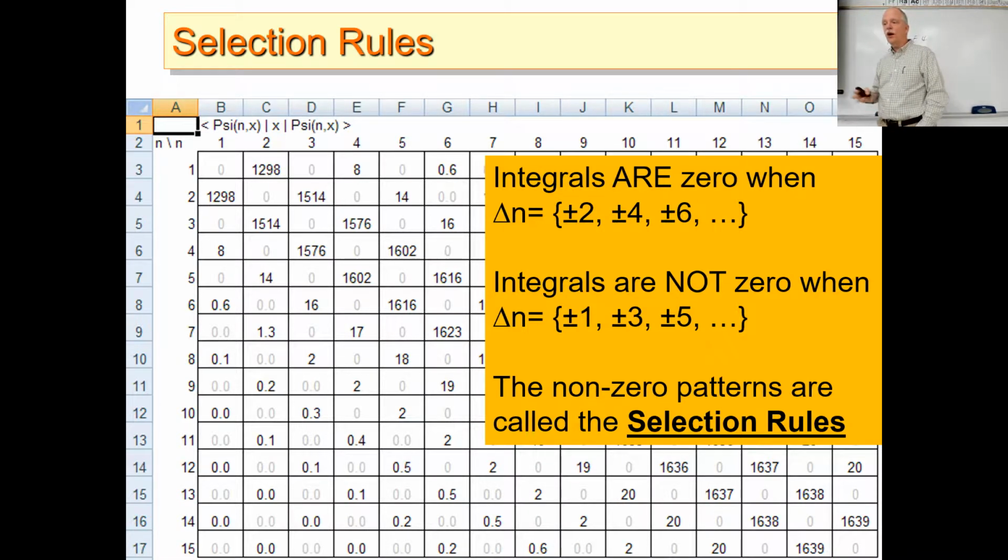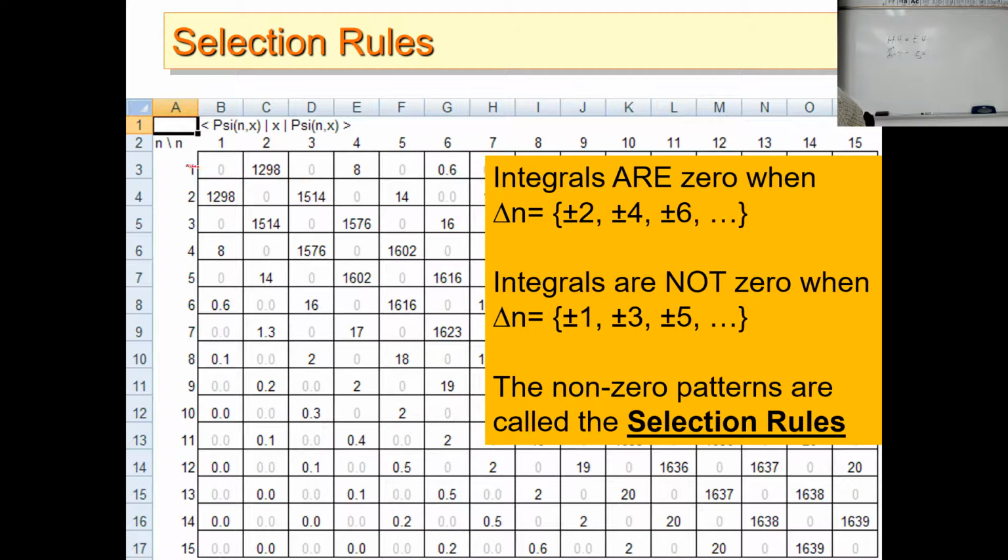And so the integrals are 0 when you have a change in 2, 4, 6, etc. What I mean by that is, if we sit here at state 1 and look over here, if I add 2 to 1, I get 3, and it's 0. If I add 4 to 1, I get 5, and it's 0.